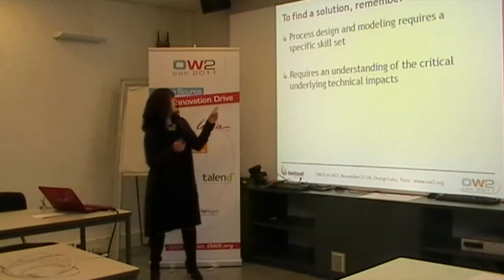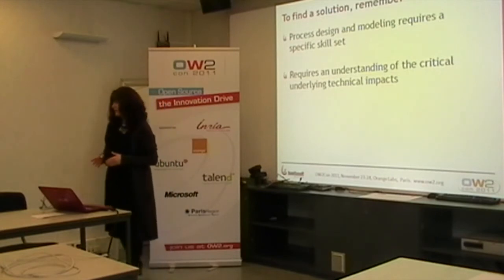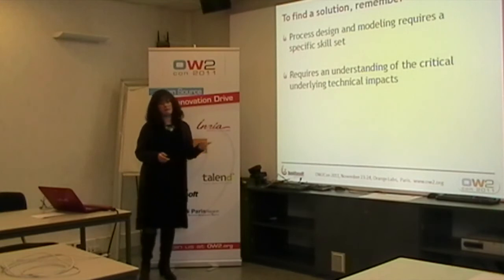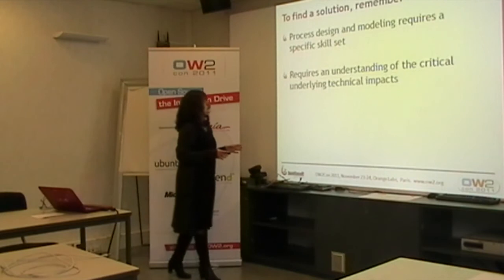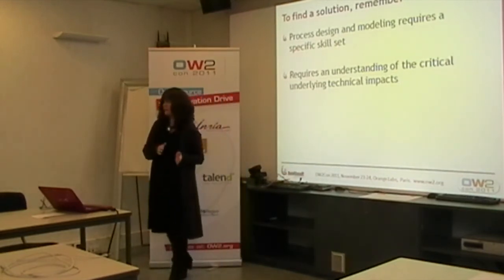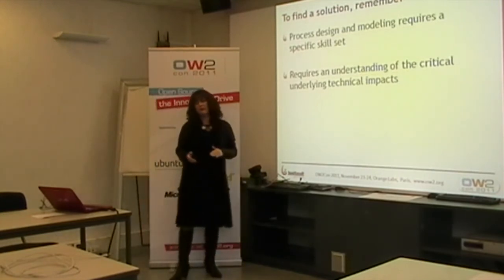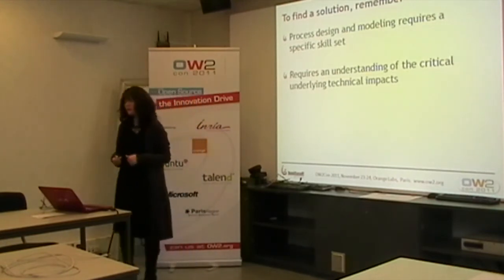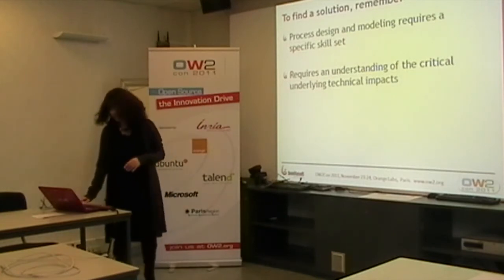The idea is having people focus on each part of the project according to their skill set and according to the impacts associated. We're always focused on the technical impacts because it is critical to the success of the project: you turn on the platform, you know it's working or it's not working. But it is also important to consider, does it do what it needs to do? And is it going to be onboarded by the people who are working on it, so that it corresponds to what they needed to do?